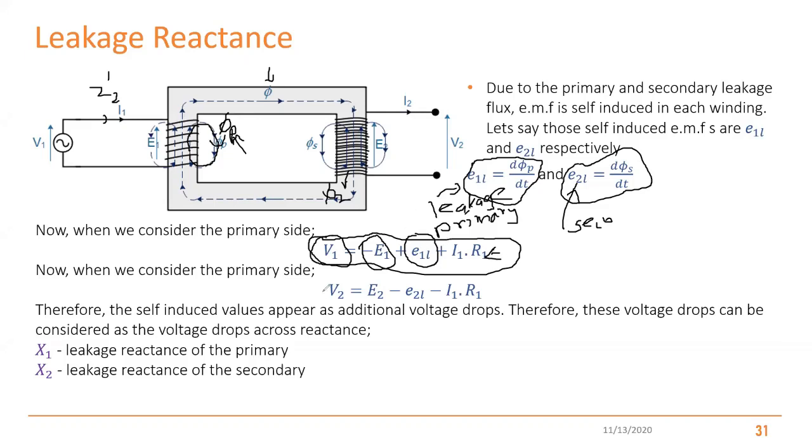If you consider the secondary as well, you can realize that our output voltage V2 is reduced due to this induced EMF.